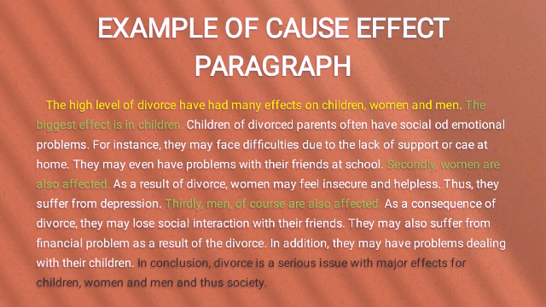The first supporting detail is, as a consequence of divorce, they may lose social interaction with their friends. The second supporting detail is, they also suffer from financial problems as a result of the divorce. And the last supporting detail is, in addition, they may have problems dealing with children.